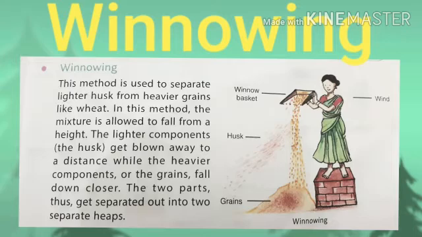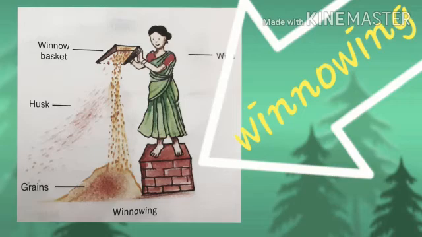So dear student, this winnowing is the normal sight you can observe in your homes, where moms do it. If she wants to separate out the husk from the wheat grain, then such a method of separation is adopted by her.